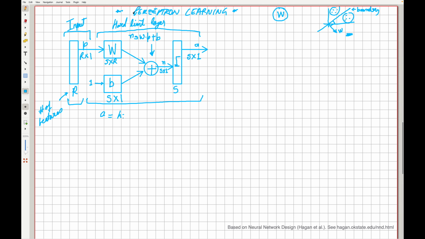A is equal to hardlim, and inside of this, the value that we pass into the hard limit is the value for n, which we are directly writing out here, which is W dot p plus b, and this is the perceptron network we have. So this is the perceptron network.